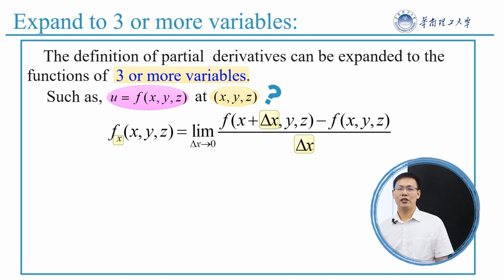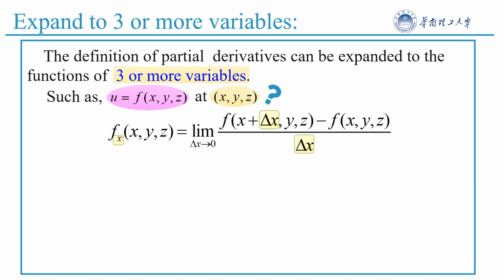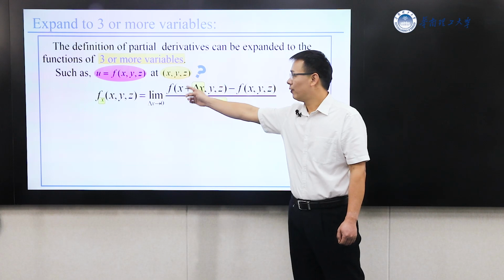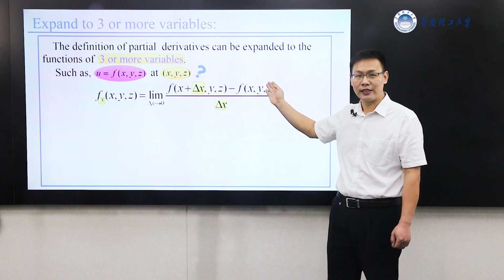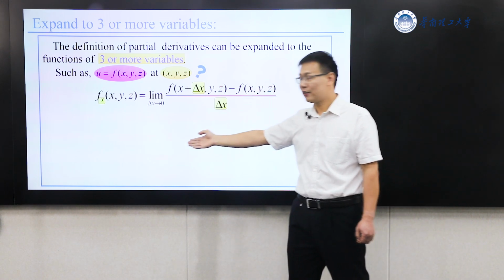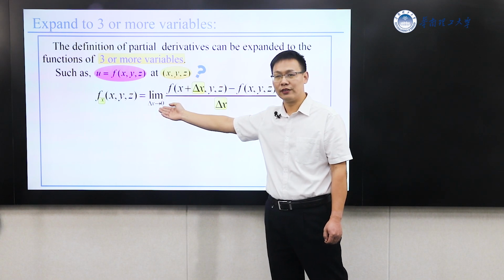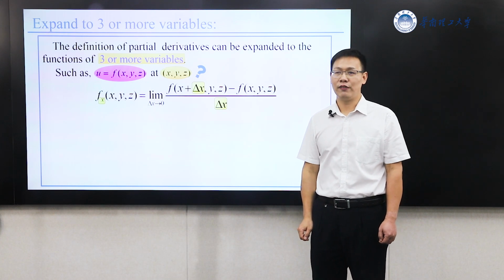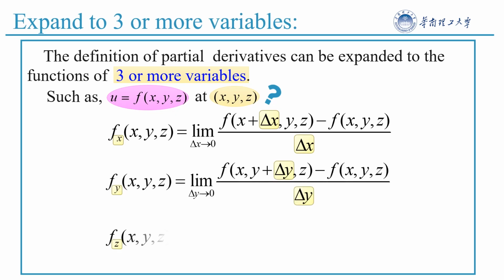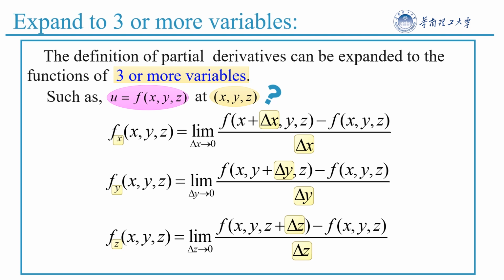Similarly, the partial derivative of u with respect to x is the limit of this term, f(x plus delta x, y, z) minus f(x, y, z) over delta x as delta x converges to 0. Please write down the other two partial derivatives by yourselves. Note, when finding the partial derivative of one variable, treat the other variables as constants.